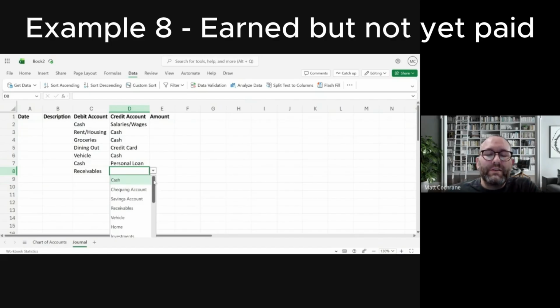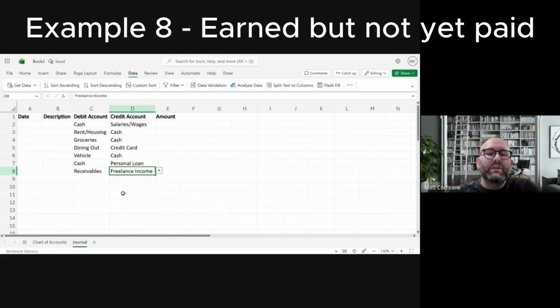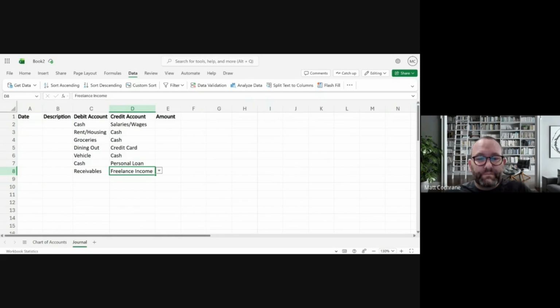So what we do here is we go down to our income, and we can use the freelance income field here. You've done some work and you want to include this as income. So that's when you earn it.